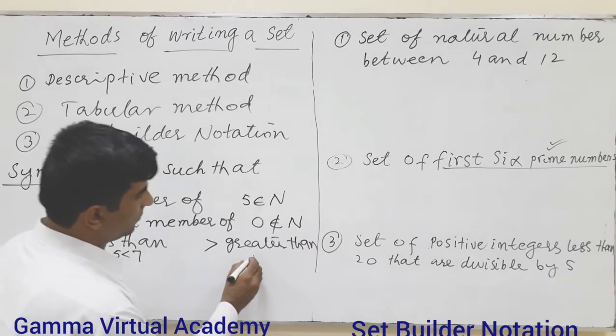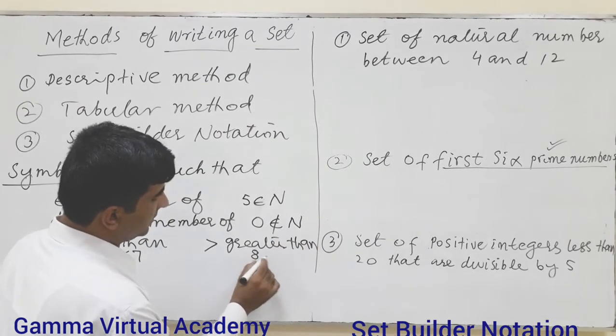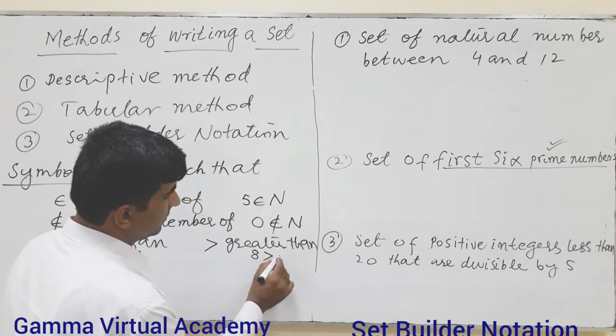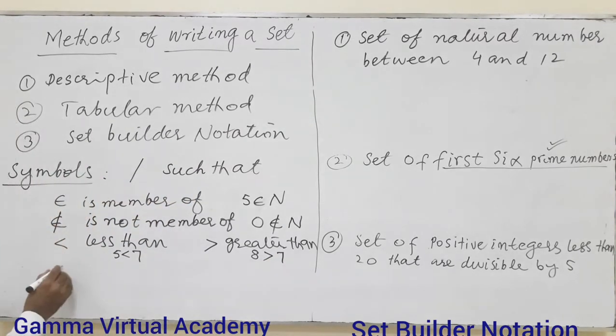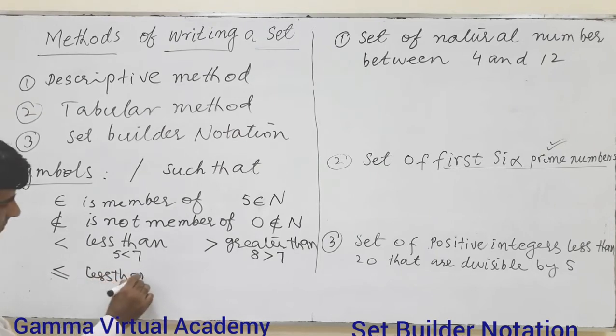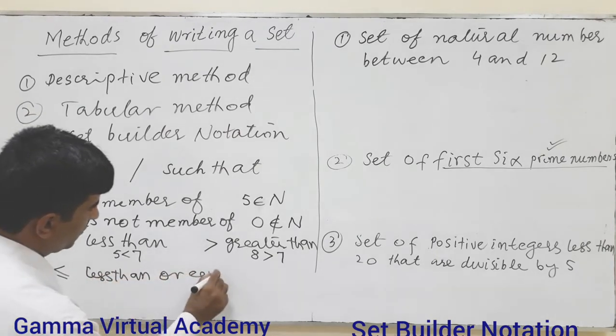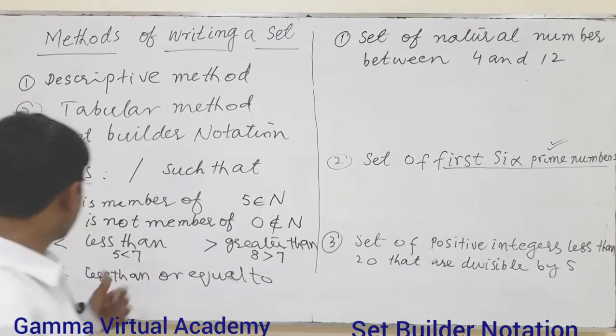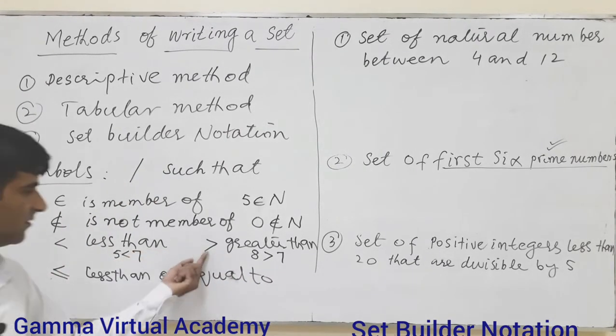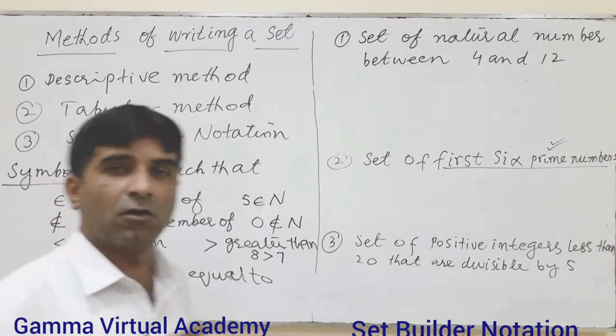For example, we write 8 is greater than 7. And when we write this symbol, it is less than or equal to. And if we write it here, it will be greater than or equal to.